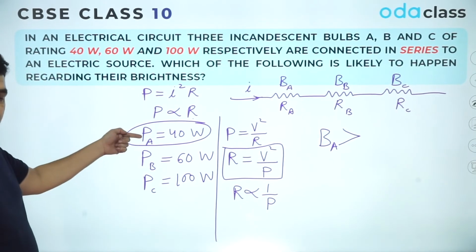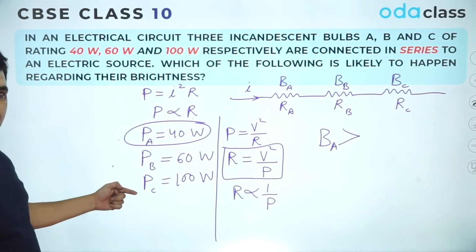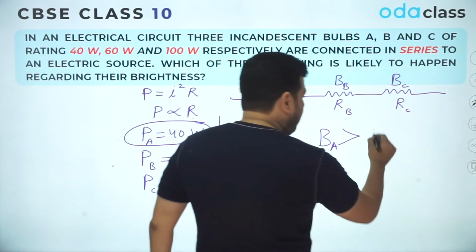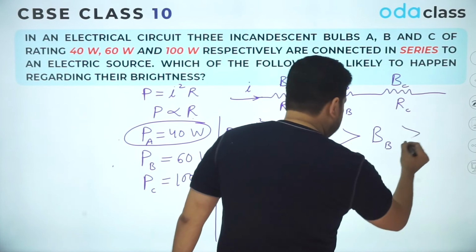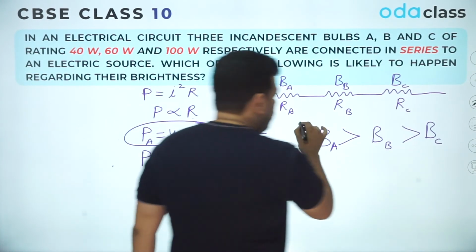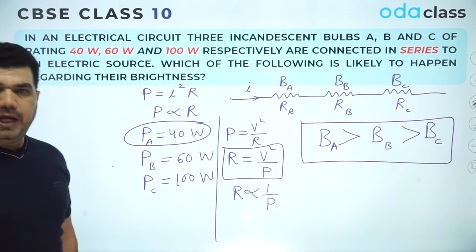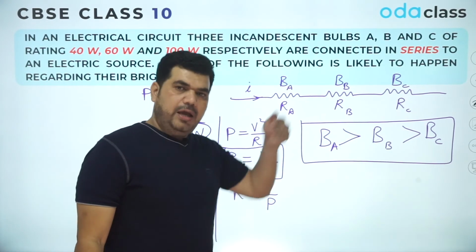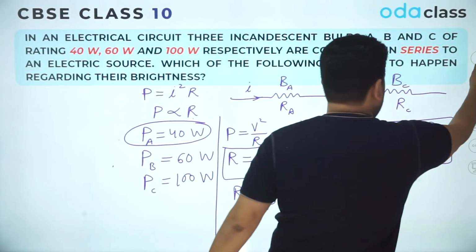Then after, more power of B, less resistance of B, right? Less resistance of B, so lesser power. So you can say less power for B. Then again, you can say less power for C. Now, the order of the brightness is like this, correct? So, A maximum, then B, then C. A, B, C, right?